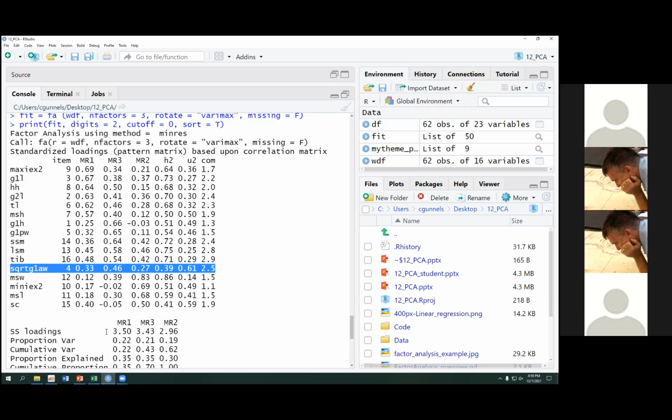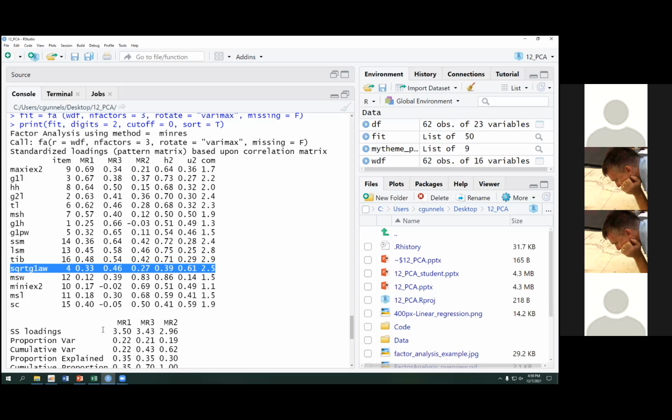Yep. That's kind of a problem. So that's where we kind of have to make decisions. Now we have 1 variable that's out by itself that is not being explained by anything. This is where you make decisions and you make arguments for them. So ideally, we want each of the measured variables to load on at least 1 factor.